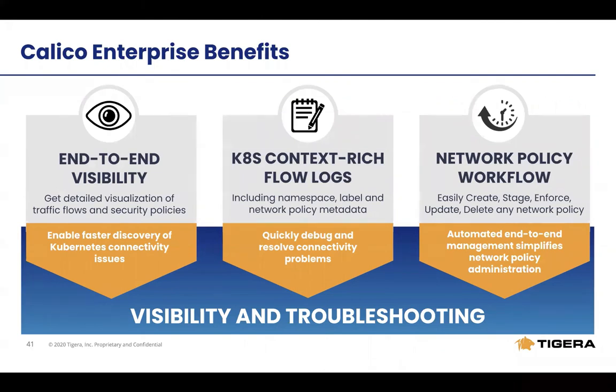You have Kubernetes context-rich flow logs that you can either explore using Calico, or use Security Hub and ship those logs to Security Hub or any other platform that you use. As well as the detailed network policy workflow that enables you to use RBAC to define a truly enterprise-ready workflow around creating and managing your network policies.